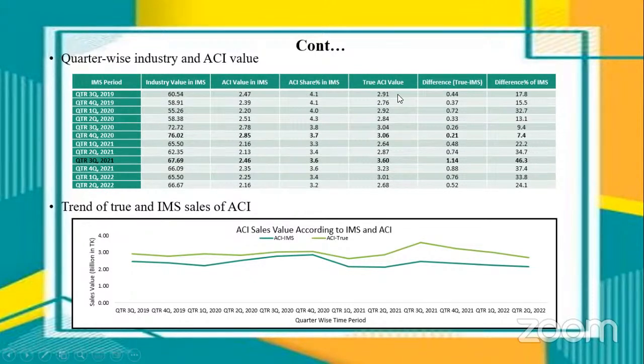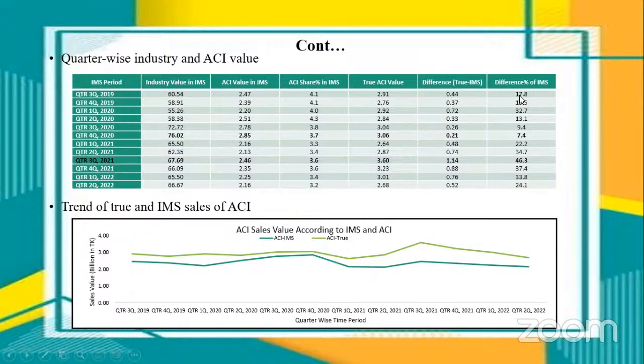According to ACI management, the true value of ACI was 2.94 billion taka. And the difference between the true value and the IMS value is 0.44 billion taka.